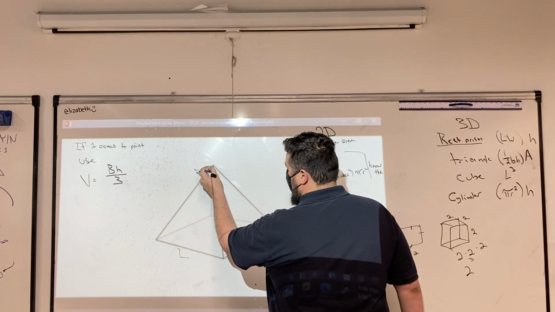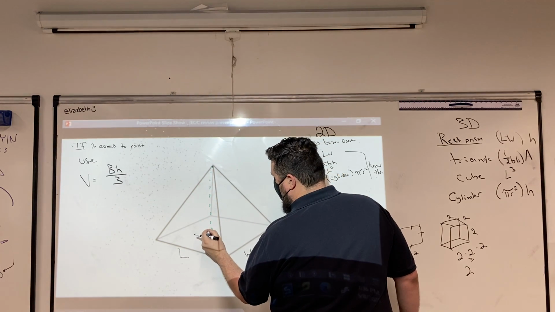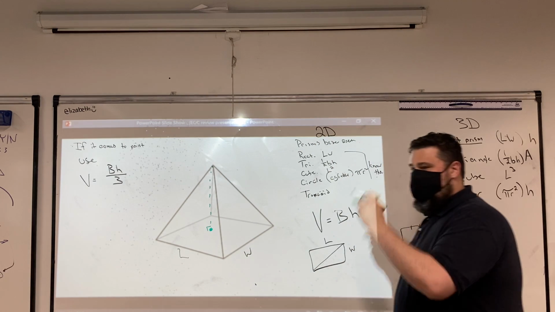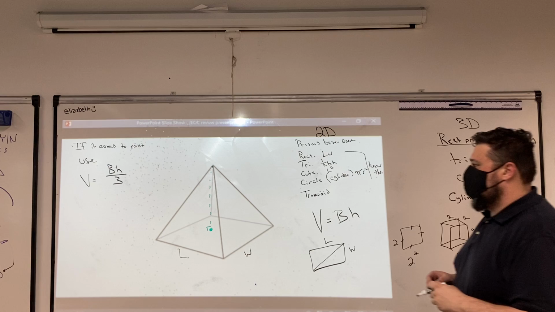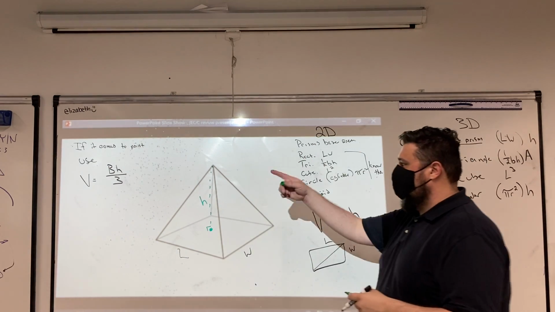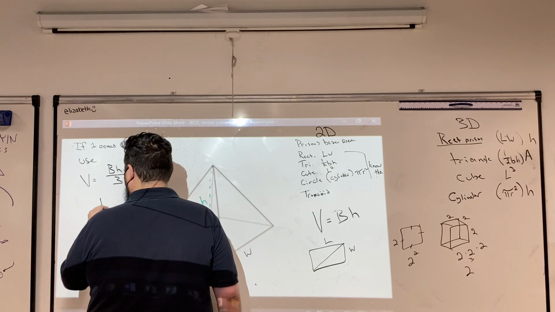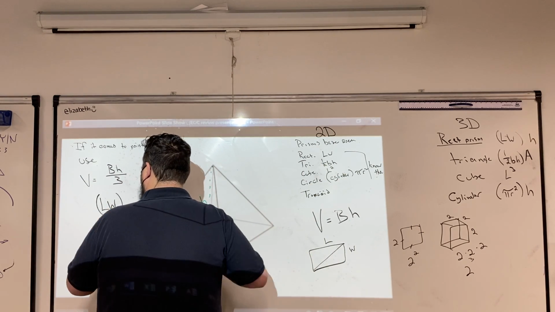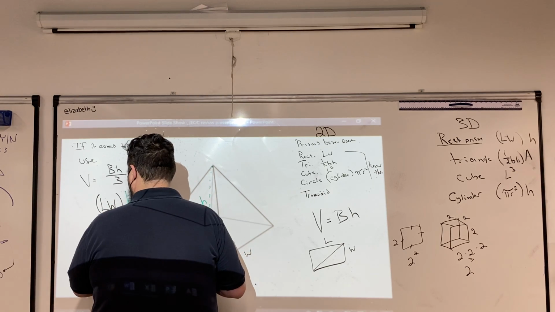Start at your point and come straight down at 90 degrees. However far that line has to travel, the length of that line is your height. So this is going to become LWH divided by 3.